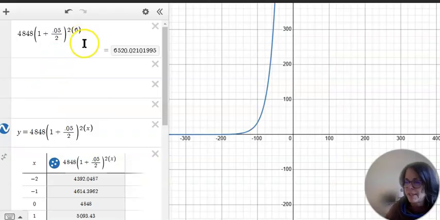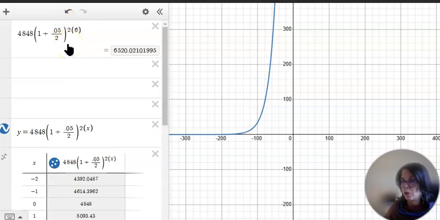Okay, if you put this in Desmos and you do it very carefully, make sure everything that belongs in the exponent is in the exponent. Make sure only the value for N, in this case 2, is what is in the denominator of the fraction, and that you right arrow out of the fraction to close those parentheses.